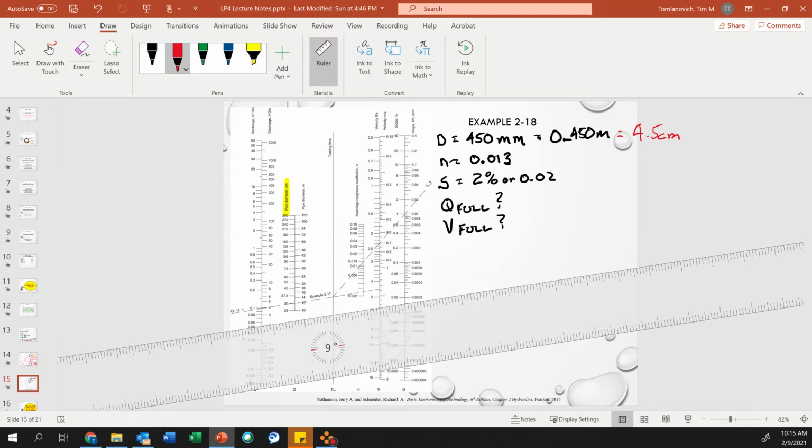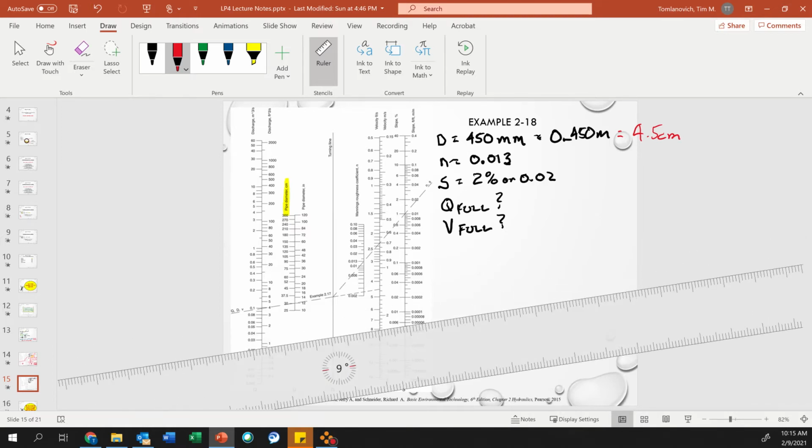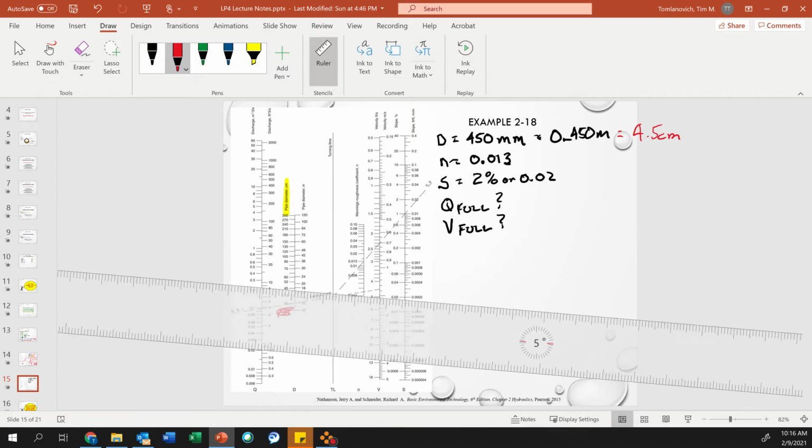So we cannot use the nomograph here because we don't have a pipe diameter of that size. 450 divided by 100 is 4.5 centimeters, and the nomograph doesn't go that small. So we cannot use the nomograph here. That means we have to just use the equation.